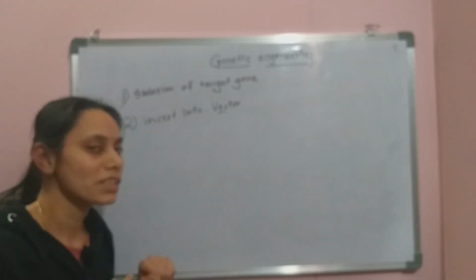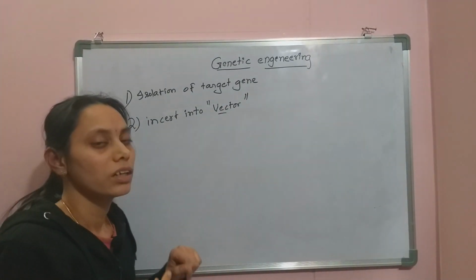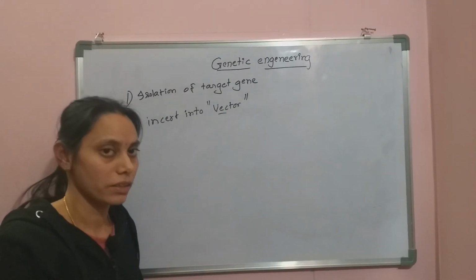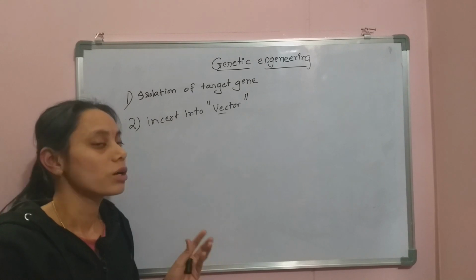So here this vector is nothing but a vehicle. That means it is also a genetic material, a DNA molecule, which has a self-existence.